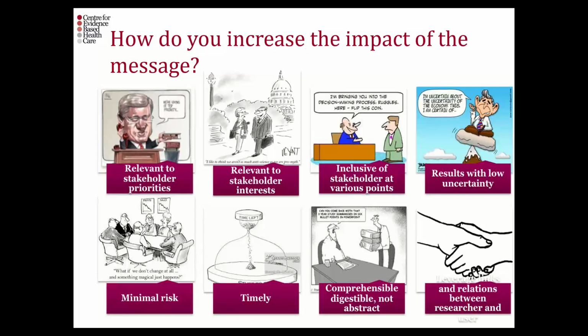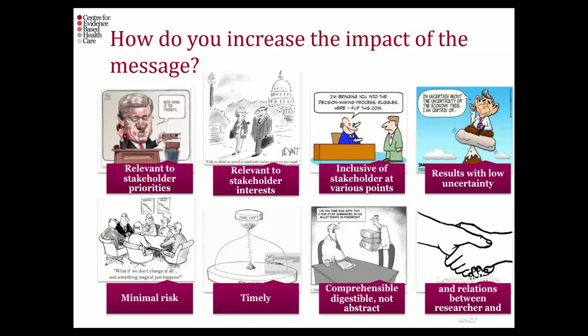The results with low uncertainty is something that's important for those of us that really want to push evidence-informed decision-making or support evidence-informed decision-making, is if the results of the research or the evidence have great uncertainty and we just don't know, then those are really hard in some ways to support and push forward with, without the caveats that come around with that.